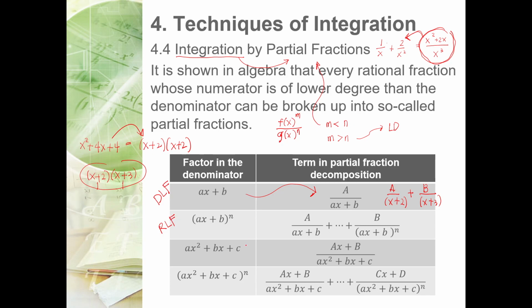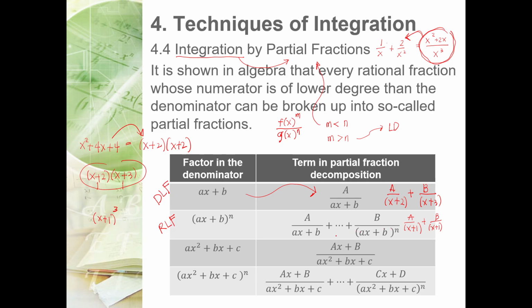The next one is the repeated linear factor. Meaning the binomial is repeating. Let's say you have x plus 1 cubed. Upon application, you have a repeating linear factor, so you have A over x plus 1, B over x plus 1 squared.